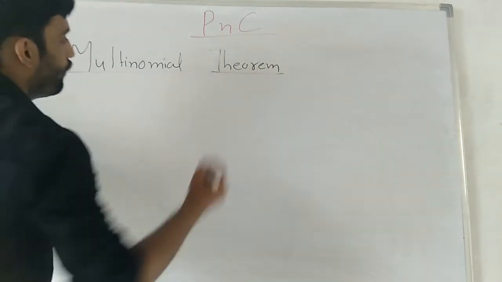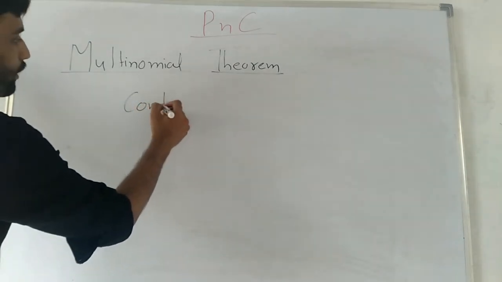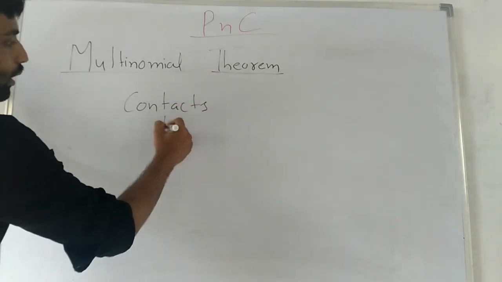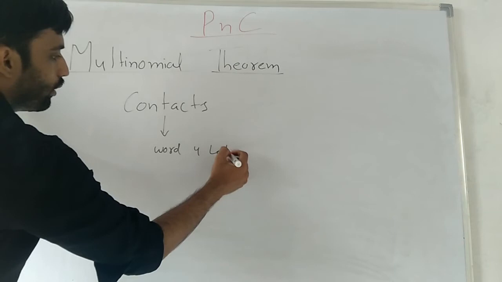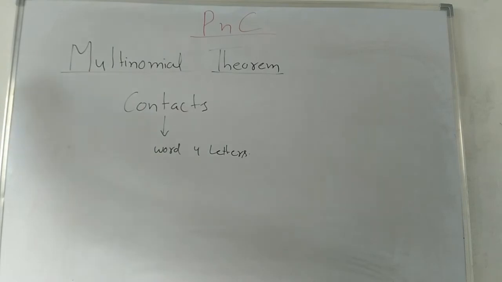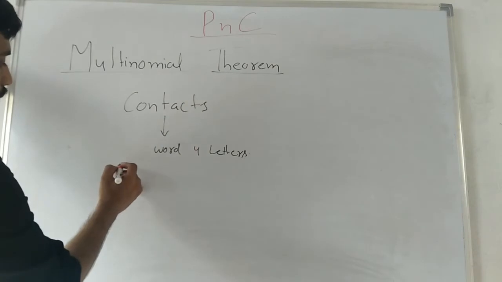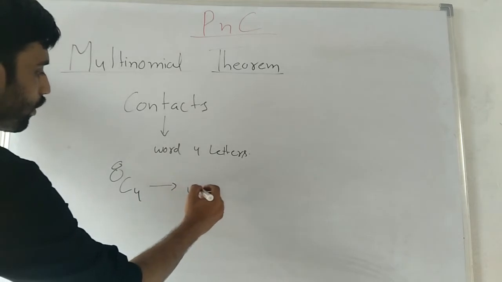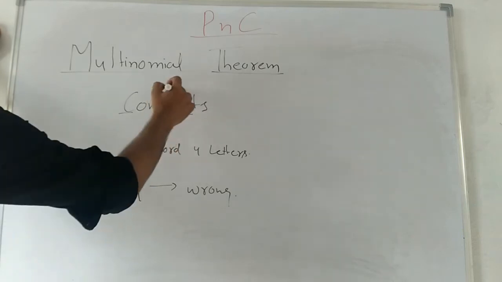First, we see where we will need the multinomial theorem. If we have a word and it is asked to form words of 4 letters, generally we take 3 plus 3, 8, generally we do 8C4, but here this method will be wrong because there is a repetition of C's and T's.